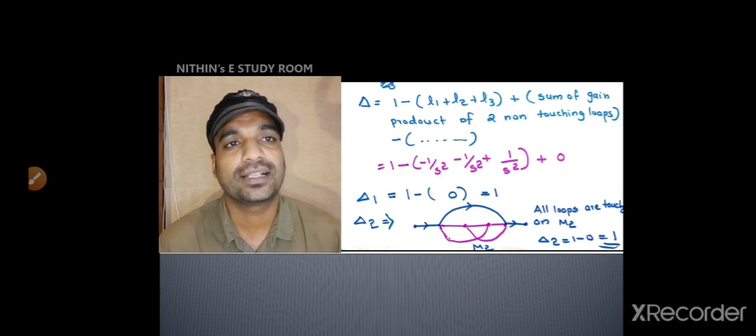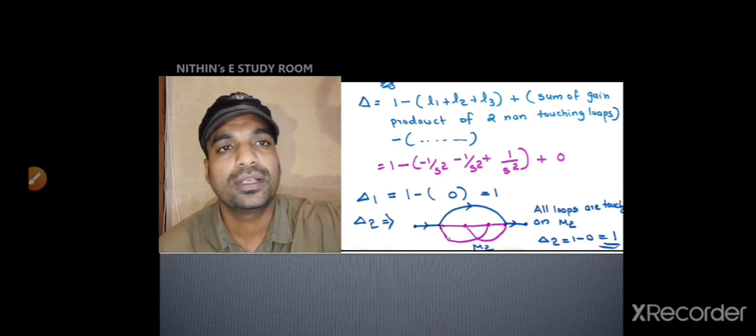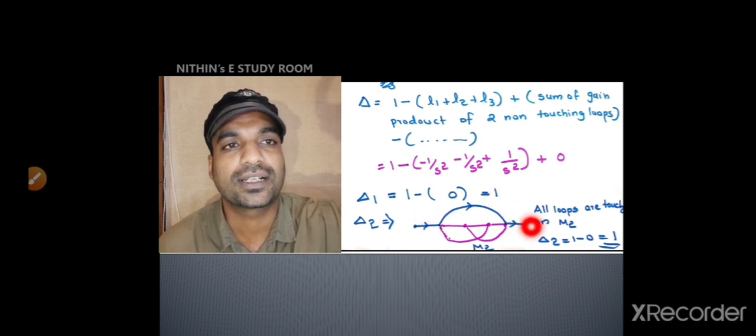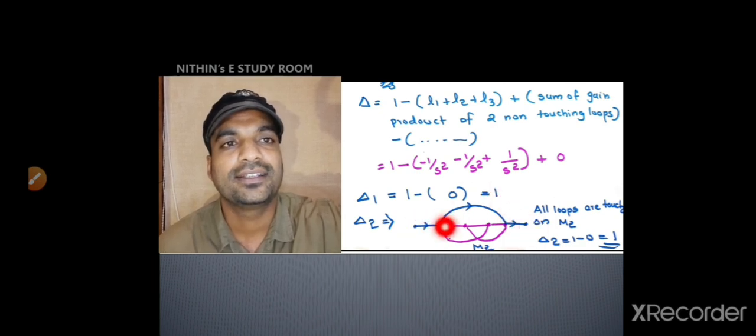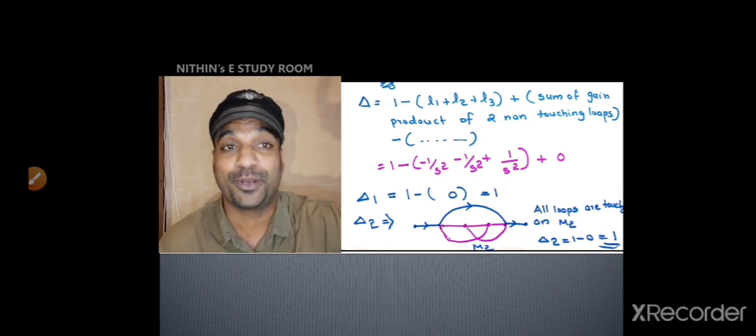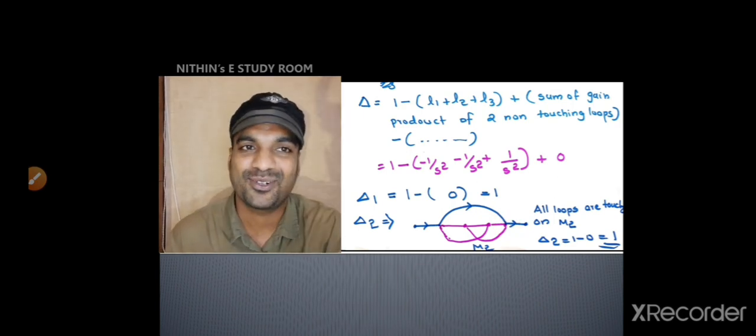And what is the case of delta 2? I have drawn the second forward path in the blue color. This was the second forward path, and this was the loop L1 that is touching at this point, and this was the loop L2 that is touching on this point. And what about L3? It will touch on all points because it is a complicated one. I have not drawn it there.